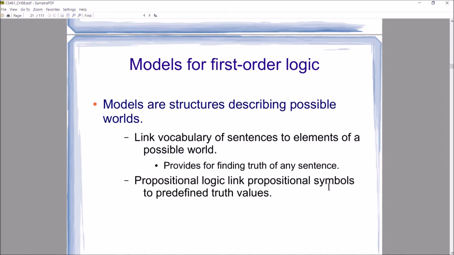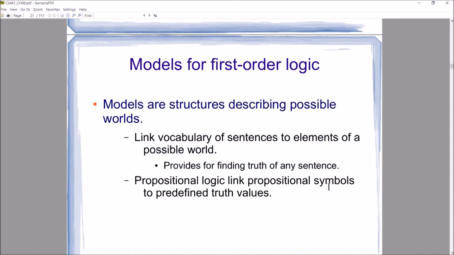Because of that link to some possible world, we were able to then determine the truth of any of the sentences in the logic. So in propositional logic, we saw that. And so what happened with propositional logic is that we had propositional symbols that we could assign truth values to.